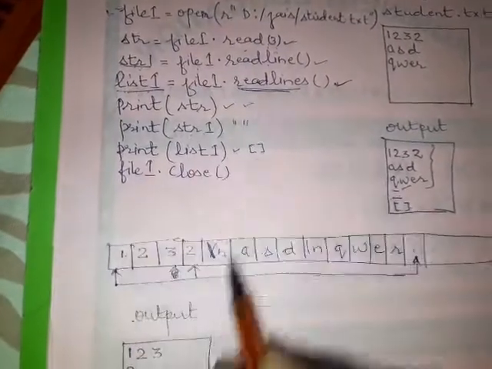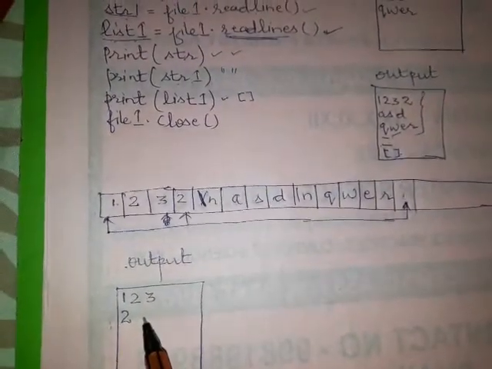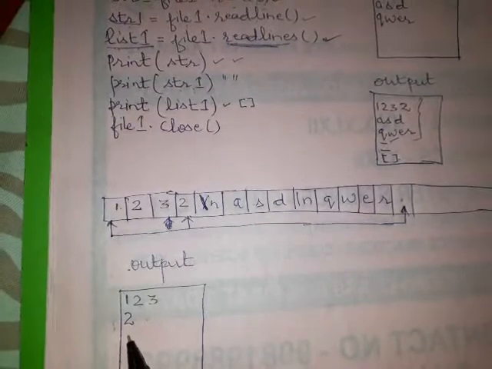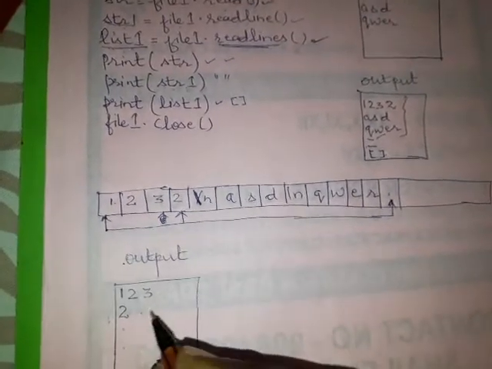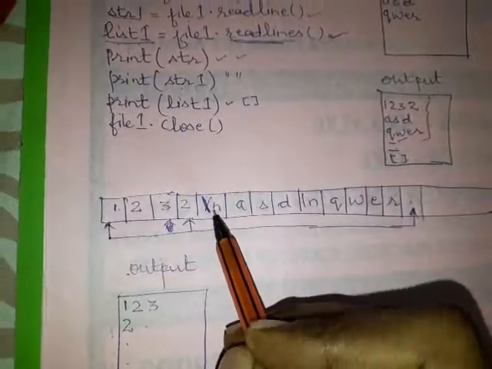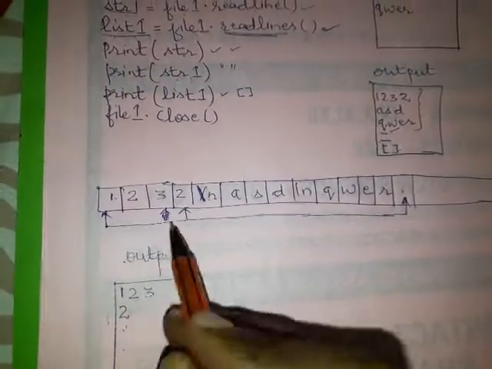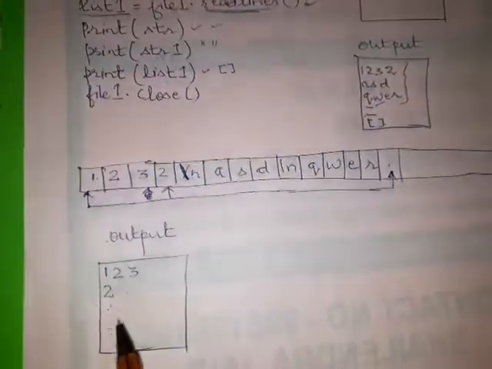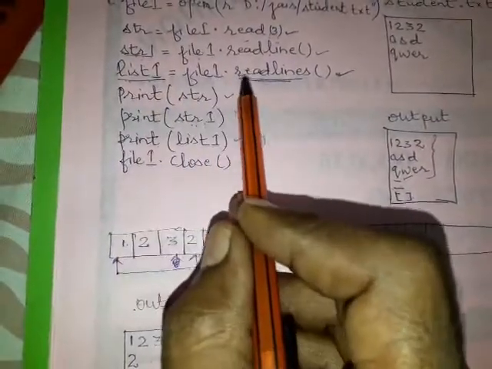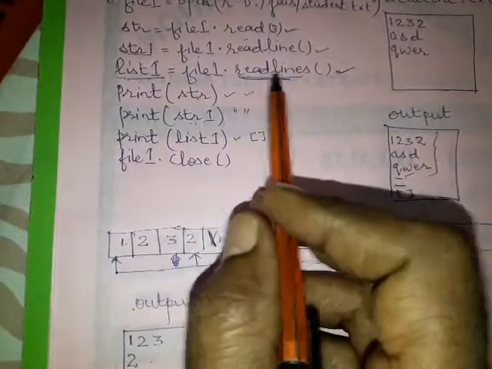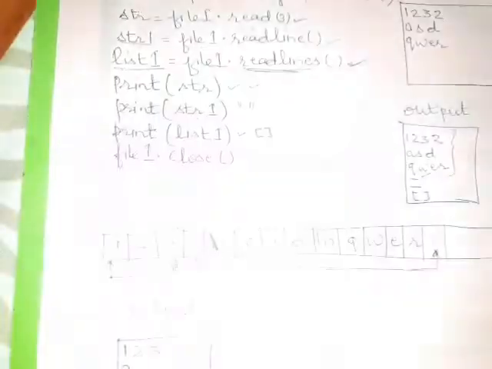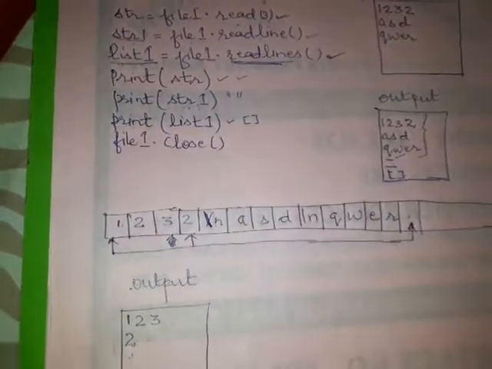Now this will also make a new line, and this print will also make a new line, and then list 1 file 1 dot read lines. Read lines will read all the lines in the form of list.